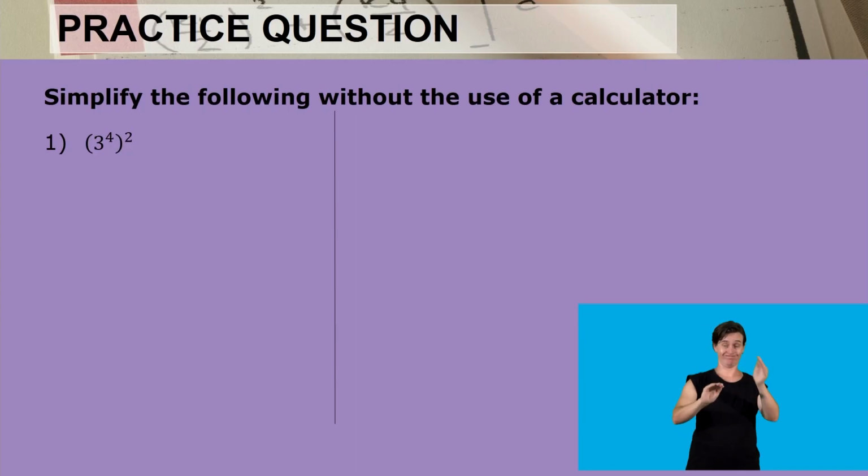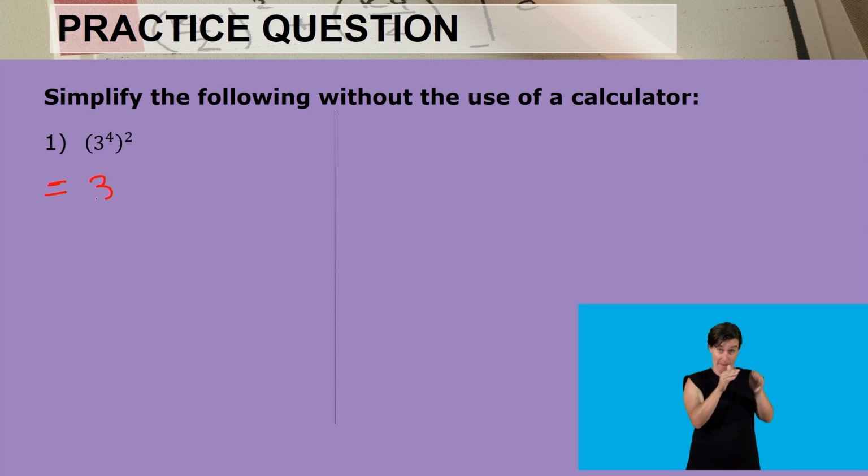Now we have 3 exponent 4, and that power has been raised to an exponent of 2. Can we remember what we need to do when a power is raised to an exponent? Yes, you are correct. The exponents will multiply.